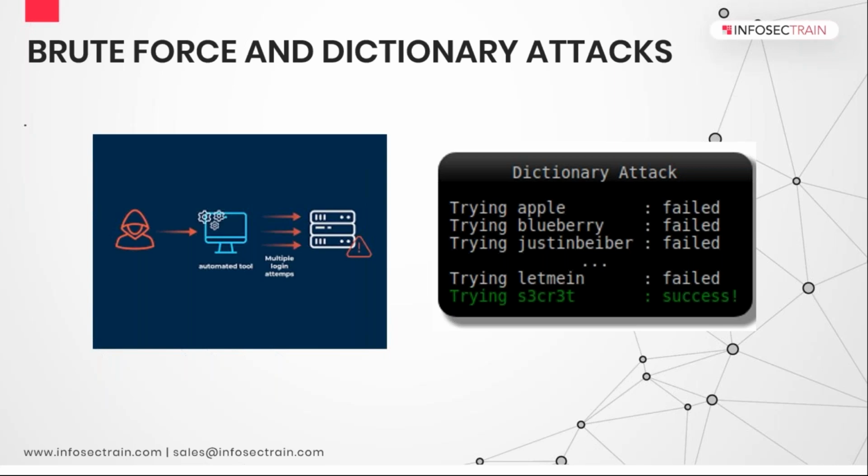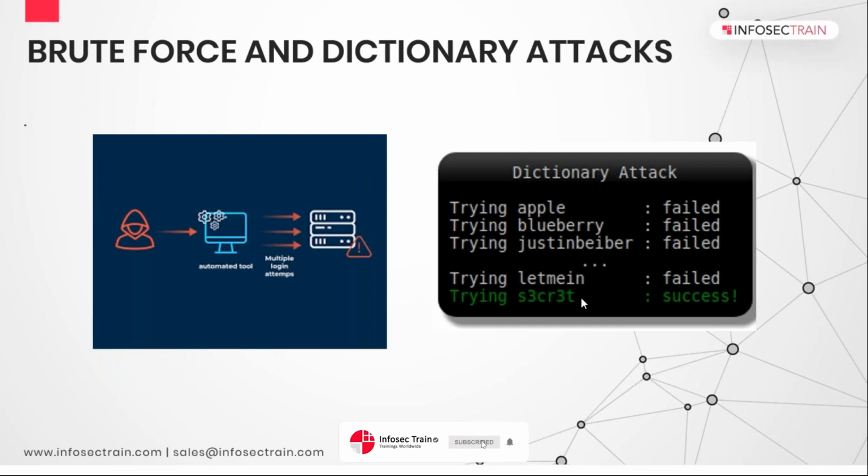When you talk about a dictionary attack, you use a dictionary to test common words or phrases. Exactly, Arjun. If you can see in the picture as well, it's trying apple, trying blueberry, trying Justin Bieber, trying the secret written in different formats.